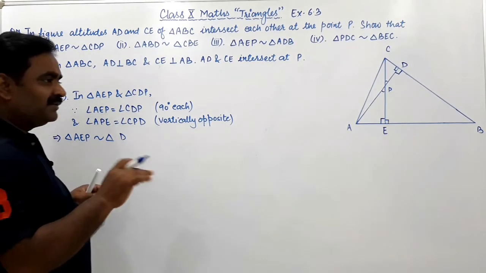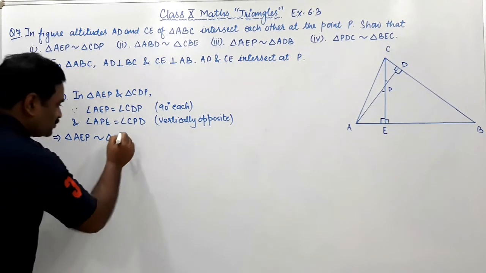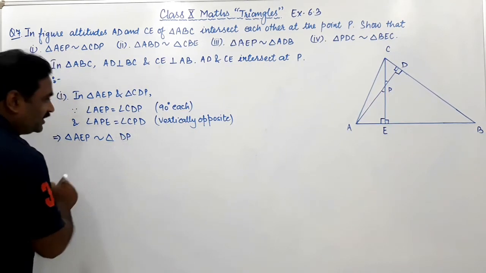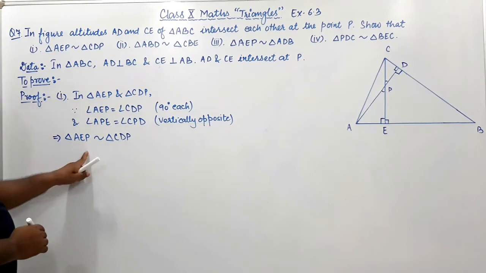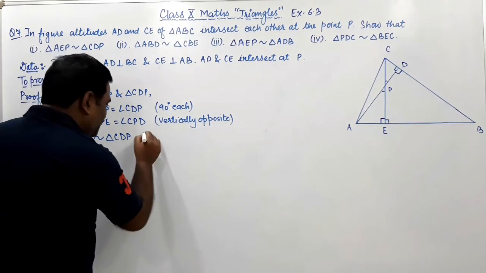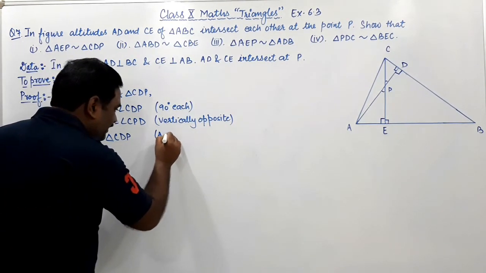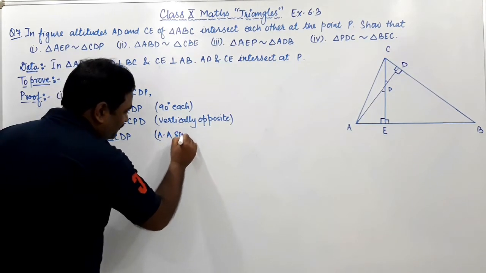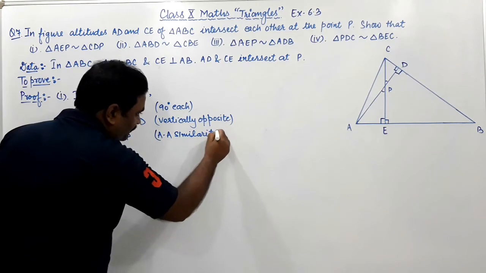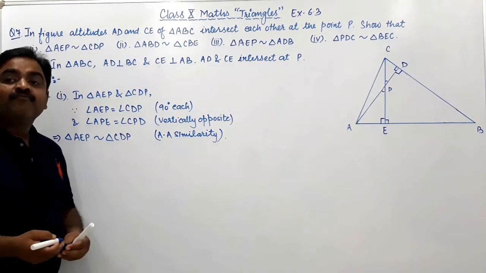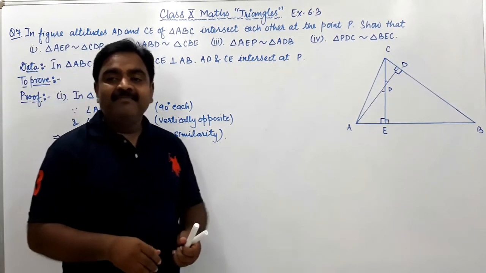First letter is A, now P is common, so P is the third letter. So what we need to write down is CDP. AEP is similar to CDP by angle similarity. Right friends? Angle similarity means what?